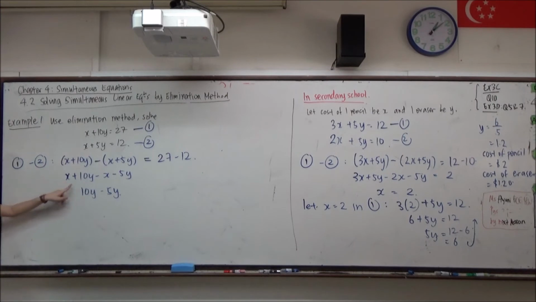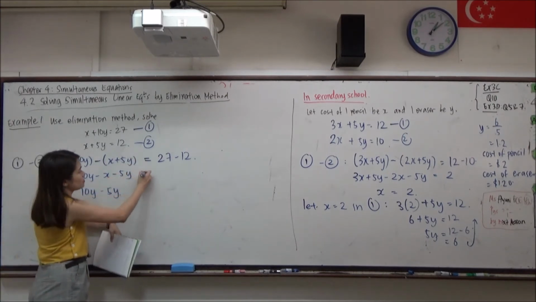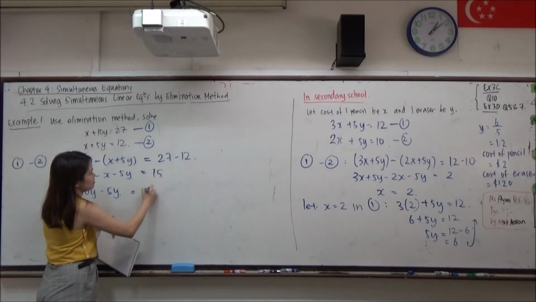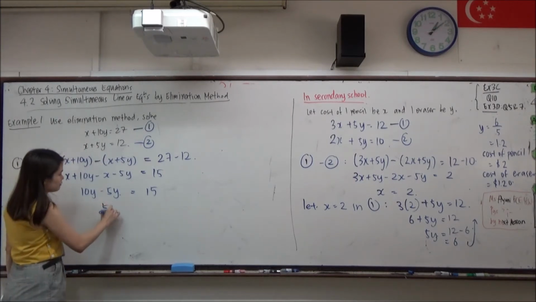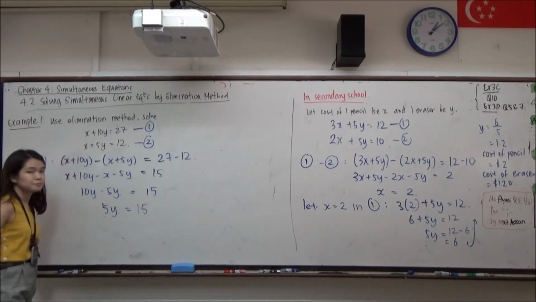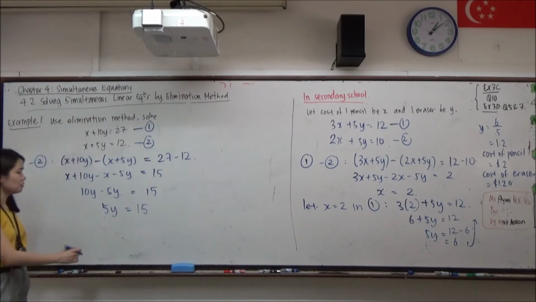And that's true because x minus x is 0. So 10y minus 5y. Then on the right hand side, I will compute it. I see that it is 15 on the right side. So 5y equals 15, and y will be equal to 3.